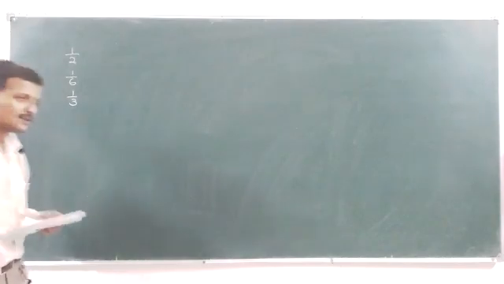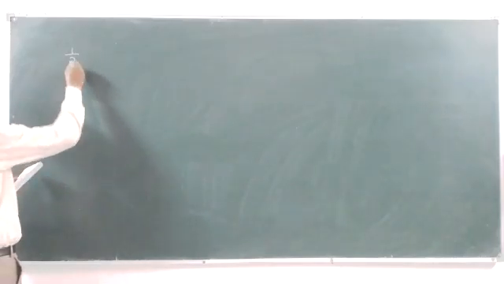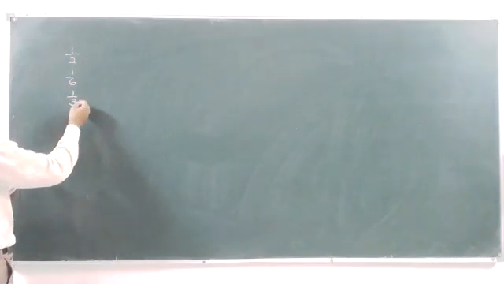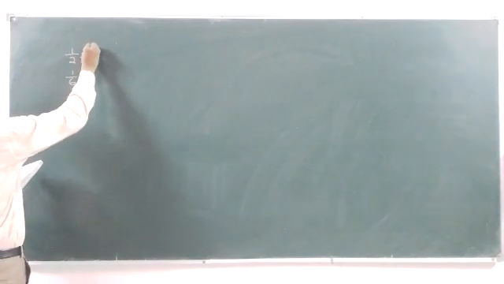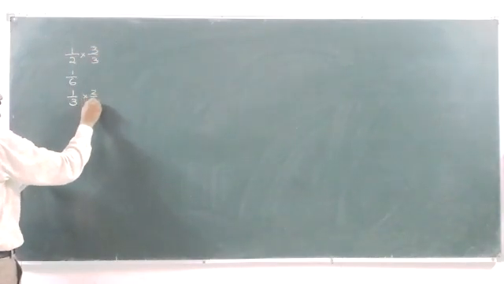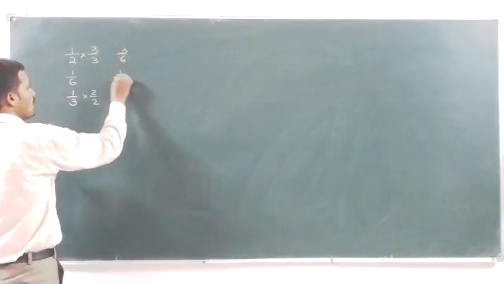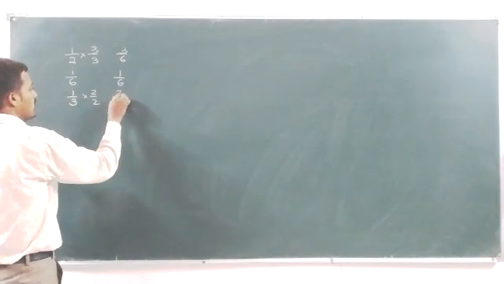So in order to make a ratio, I need to make all as 2, all as 3, all as 6, or some number which is the same. But here making 6 is very logical because 2 3s are 6, 3 2s are 6. So first I will multiply by 3/3, then by 2/2, that comes to 3/6, 1/6 and 2/6.